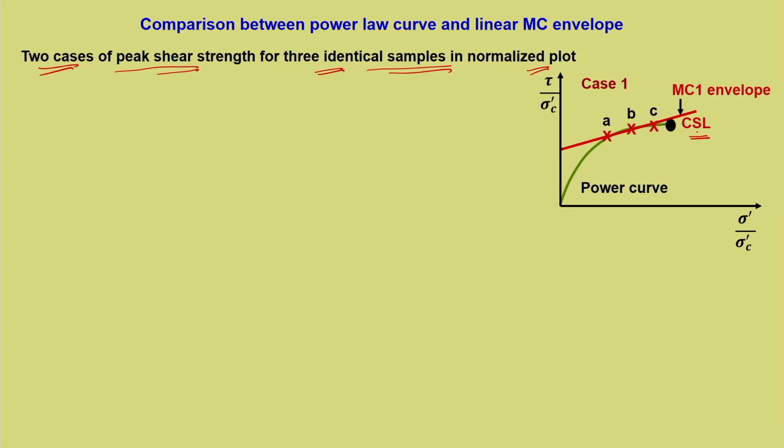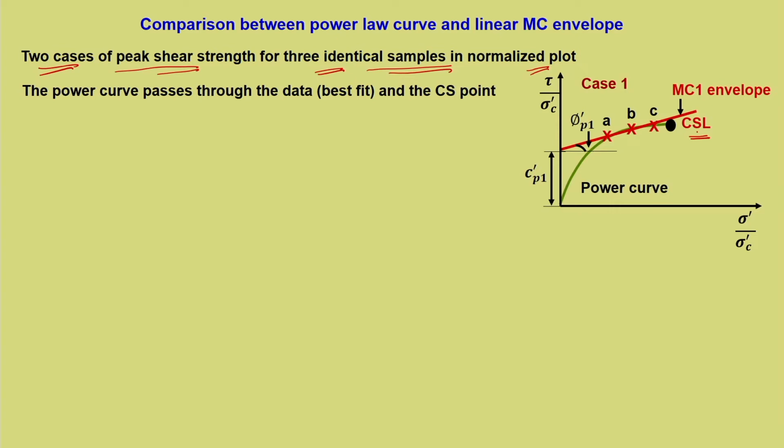Now, in normal practice what we do is fit a best fit line and we call it the Mohr Coulomb failure envelope or Coulomb's envelope, and we get the cohesion and the friction angle, that is phi' P1 because it is case 1. So, the peak friction angle is phi' P1 and the cohesion is c' P1, and 1 represents that it is case 1.